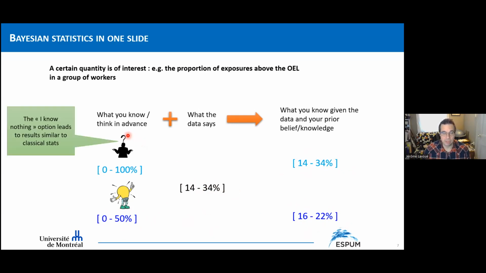And one thing that I want to note is that when you choose to make a Bayesian analysis with the option equivalent of saying, I know nothing about this parameter, you're going to obtain results very similar to traditional statistics. And the second thing I wanted to state is that this possibility of merging information with your data is potentially very useful.